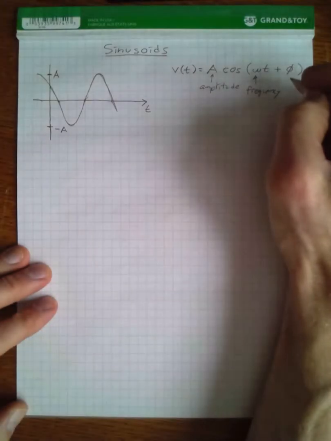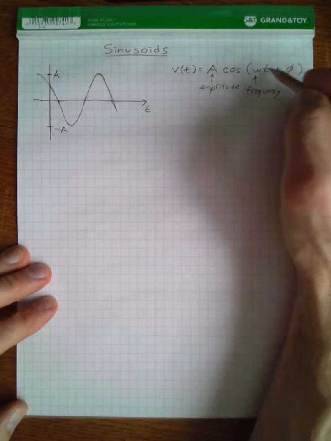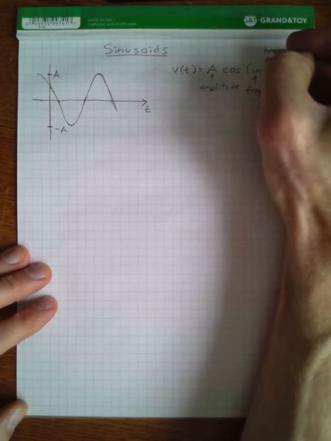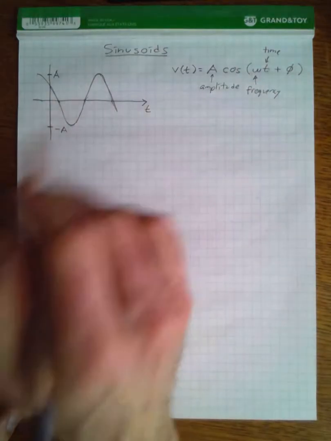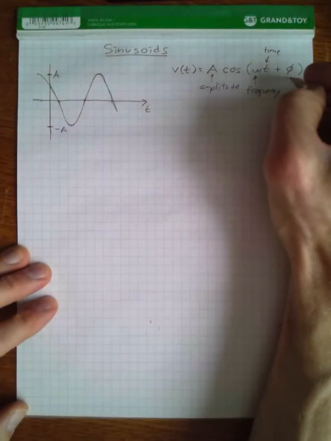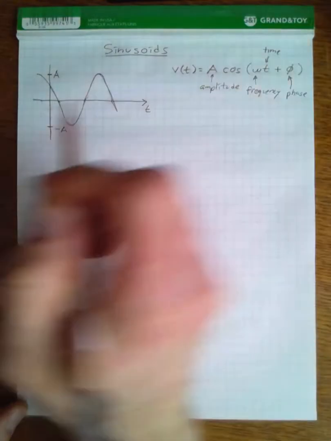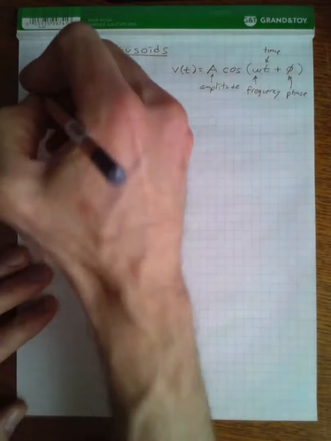And then the third parameter is time, t. And time, of course, is the x-axis on our sinusoidal plot. And finally, we have phase. And phase is just the shift of the sinusoid left or right.